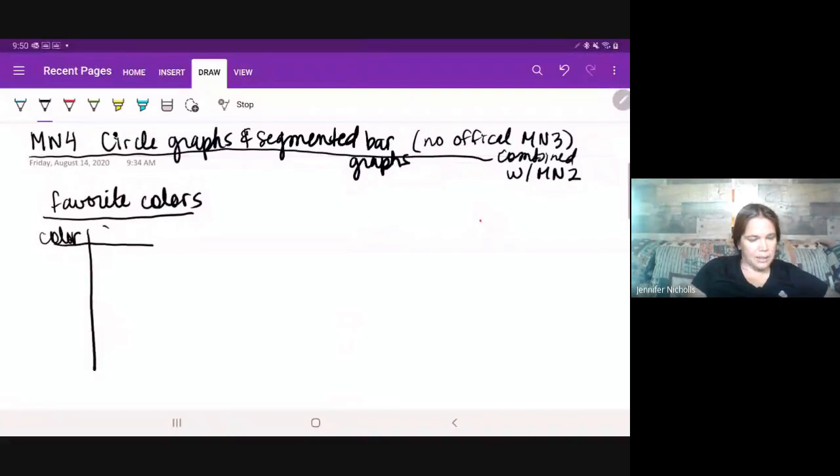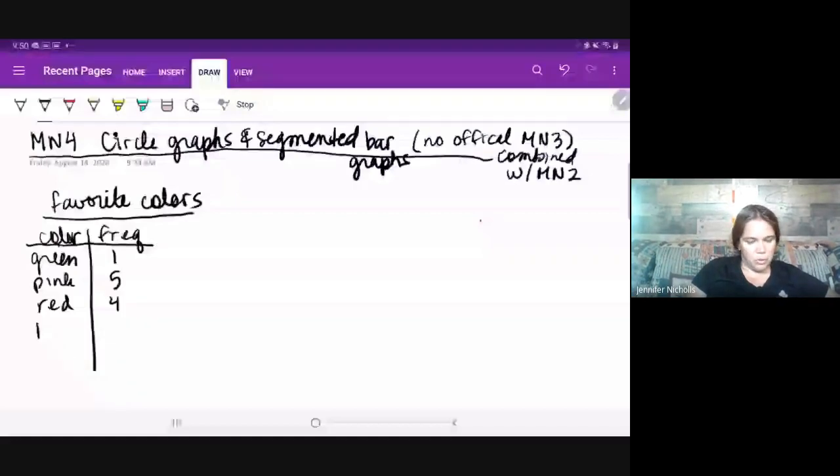We won't have to do the tallies. Okay, so green was 1, pink, and this will help you in case you got stuck with the other one, figuring out how to make a relative frequency graph. Purple, 2, orange, orange 1, blue.